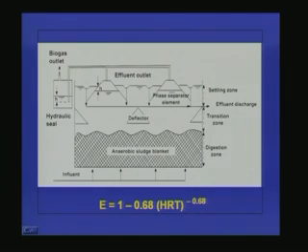Whatever settled sludge is present here, because this is an inclined plane, because of the self weight, everything collected here will come back to the system, and all the sludge will get collected here.